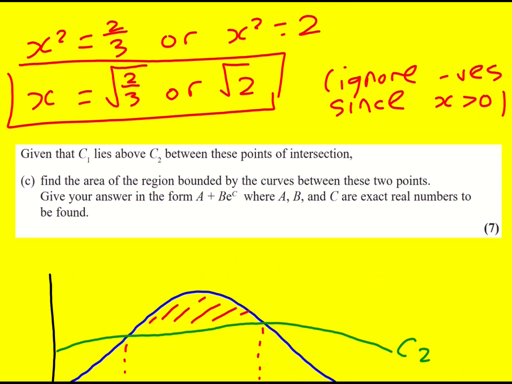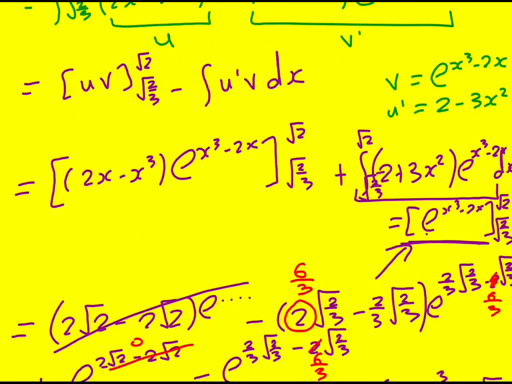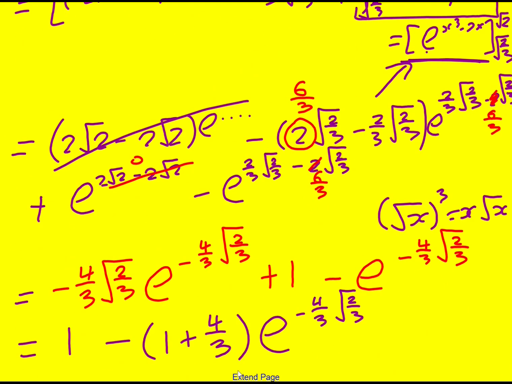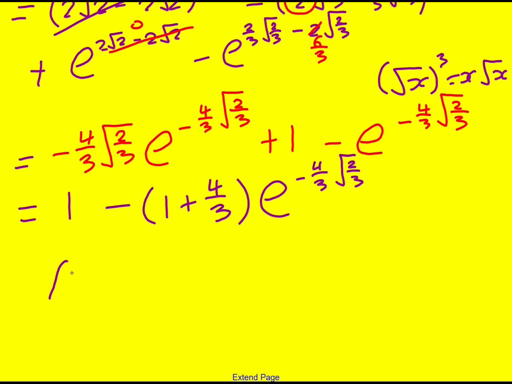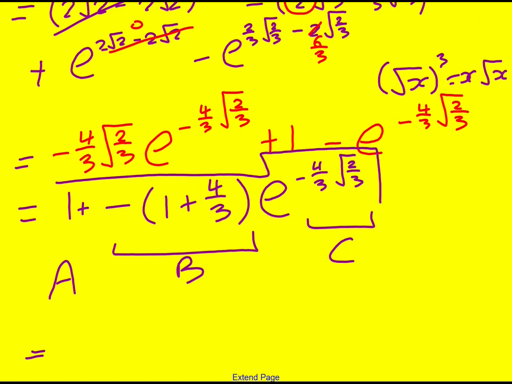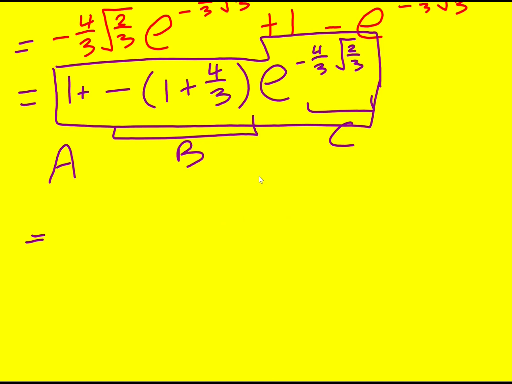We're all the way up here, a plus b e to the c. So I actually left my answer like this. I didn't put the plus in. You could simplify it a little bit more. We could rationalize the denominator and put things over a common factor.